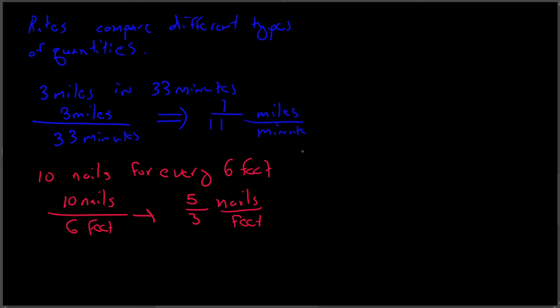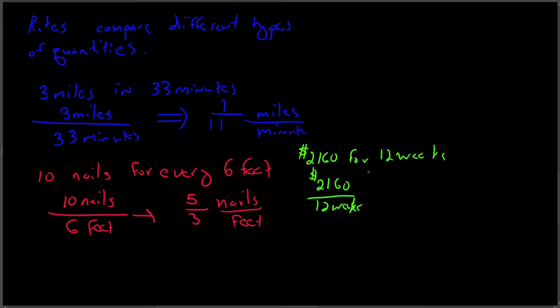Let's continue looking at some rates here. Let's say I have a cost. Oops, let me change colors here. I have a cost of $2,160 for every 12 weeks. So I can write this as $2,160 per 12 weeks.